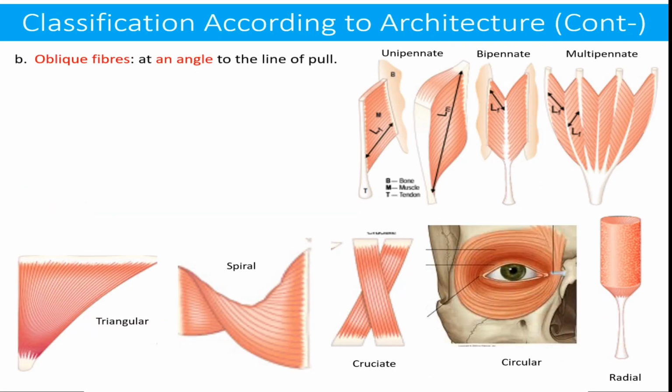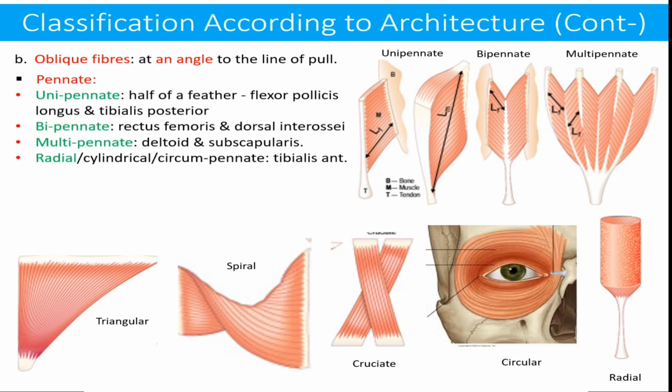Second group, muscles with oblique fibers. In this group, muscle fibers are oriented at an angle to the line of the pull of the muscle, and they are number one, pennate muscle. First, the bipennate muscle, which is similar to the feather of a bird and is represented by rectus femoris and dorsal interossei.